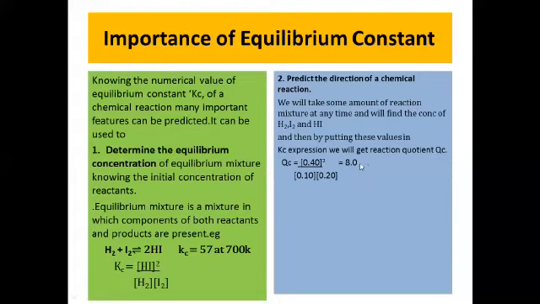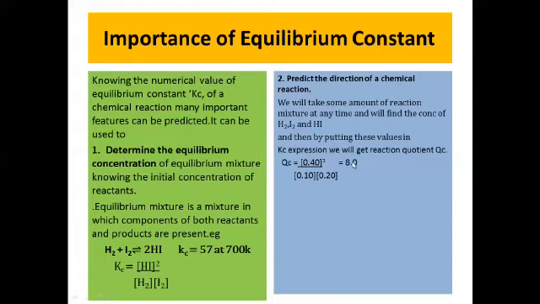Now compare this value Qc with Kc. The value of Kc is 57 at 700 Kelvin temperature, and the value at any point that is not equilibrium is Qc, which is 8.